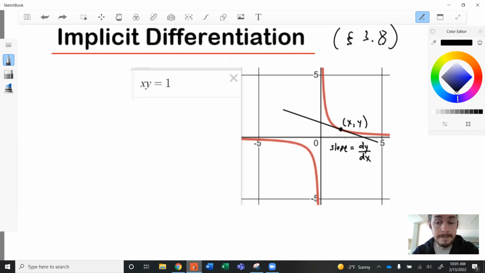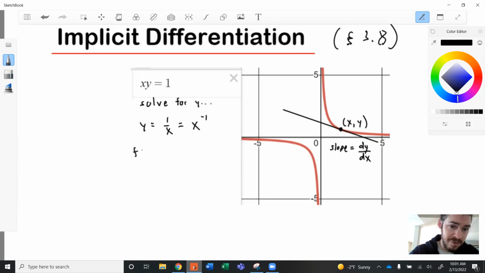So one approach to this would be solve for y. If we do that, we would get y equals 1 over x, or alternatively rewritten x to the power -1. Okay, so solving for y makes it so that we can essentially express this as a function.